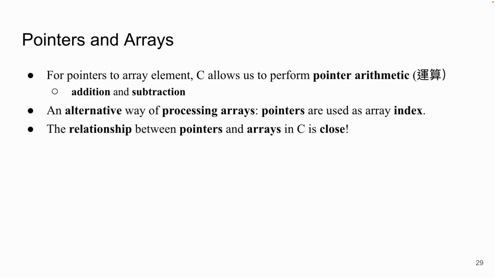We can use pointers to point to different elements of the array, so that we don't need to use the index of the array anymore. We can use another pointer to point to a different element of the same array.